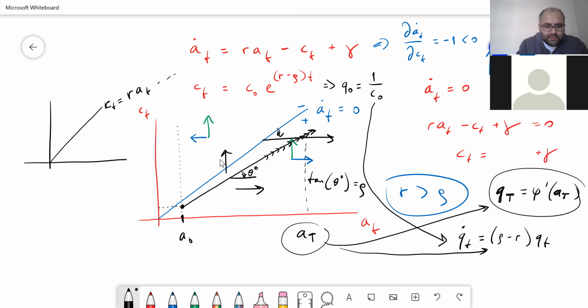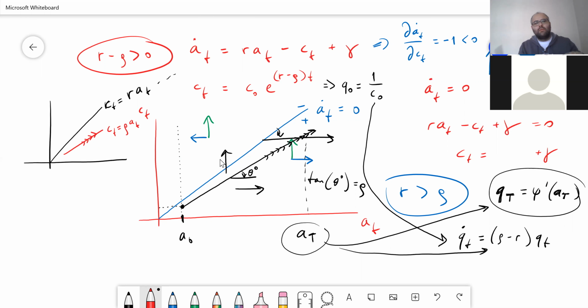And the slope of this, the balanced growth path, is equal to rho. So that growth requires this. That's the idea.